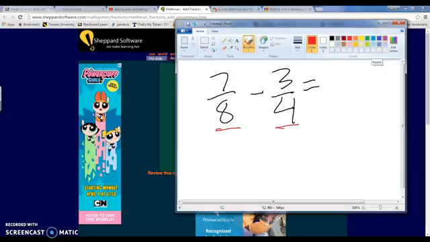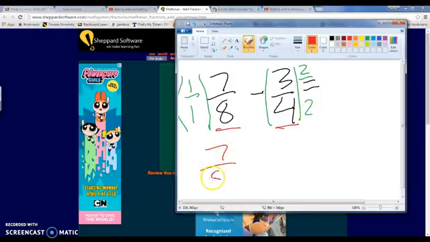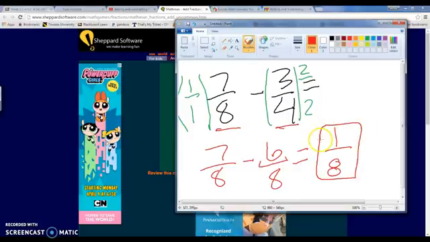So we are going to multiply this side by 1/1 and multiply this side by 2/2. So you are then left with 7/8 minus 3 times 2 is 6, 4 times 2 is 8, and when you subtract 6 from 7, you get 1. So the answer would be 1/8.